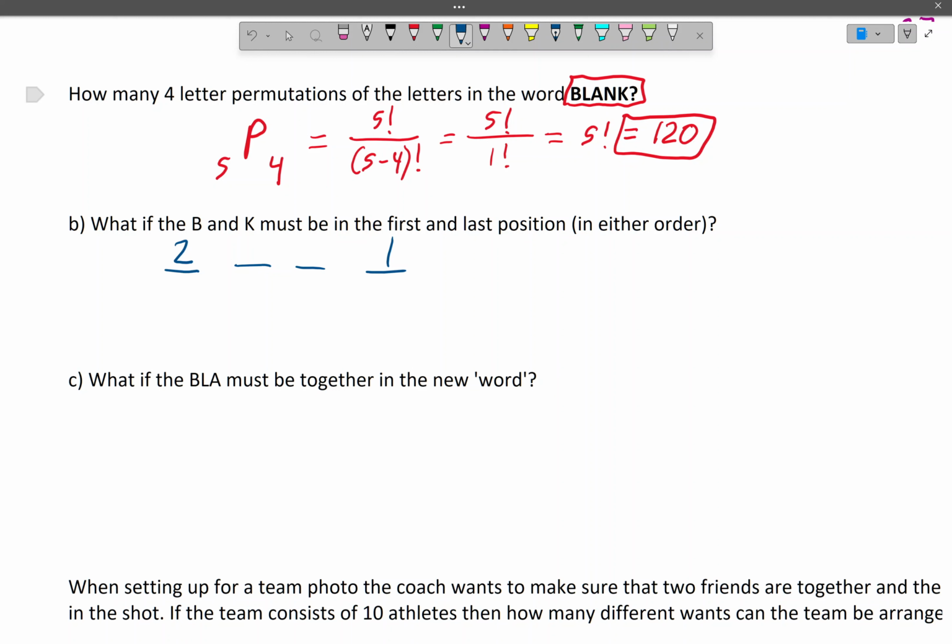Then inside of that, we have the other options. So there are 3 other letters, and then we can go 2, and since we're only using 4-letter permutations, we can end there and get 12.